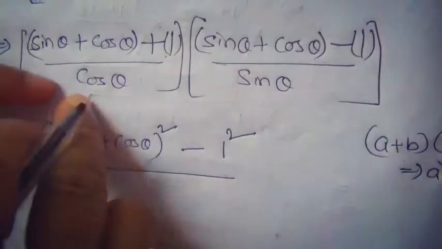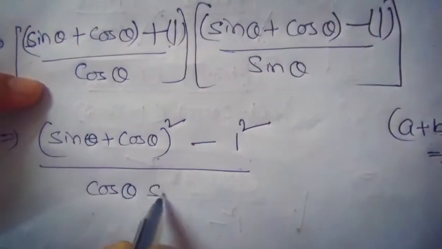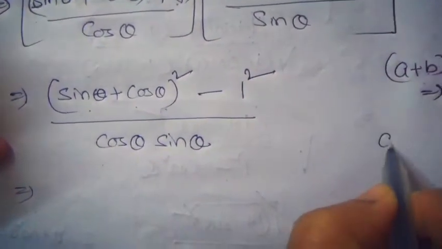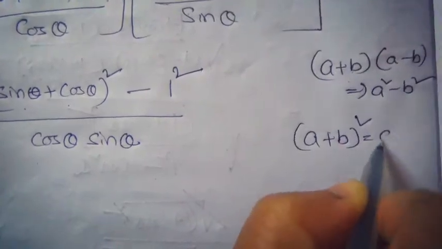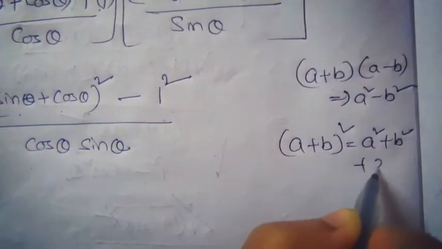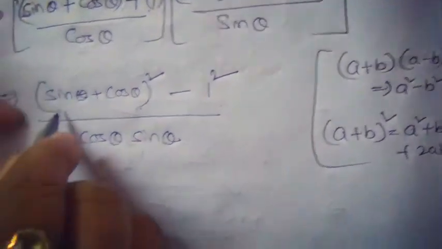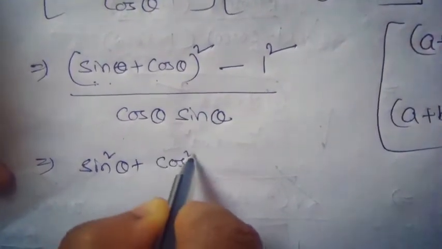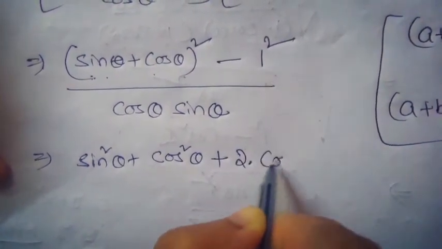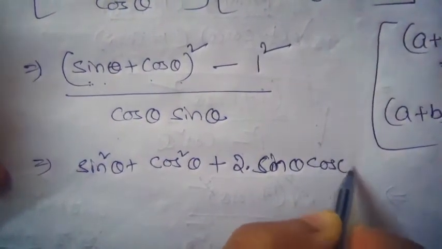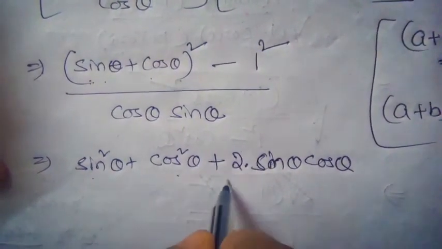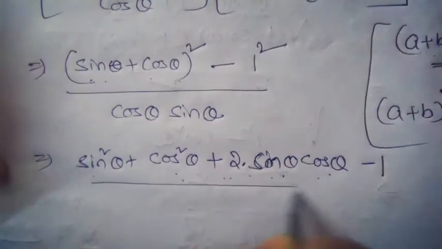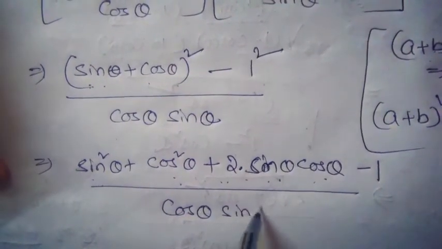At the denominator we have cos theta into sin theta for both. So it is in the form of a plus b whole square. What is the formula for a plus b whole square? a square plus b square plus 2ab. So sin square theta plus cos square theta plus 2 sin theta cos theta, minus 1 by cos theta sin theta.